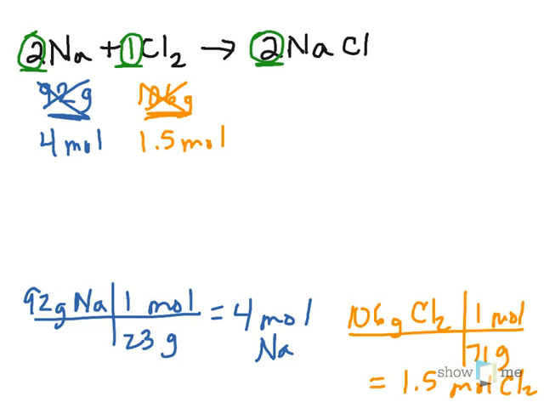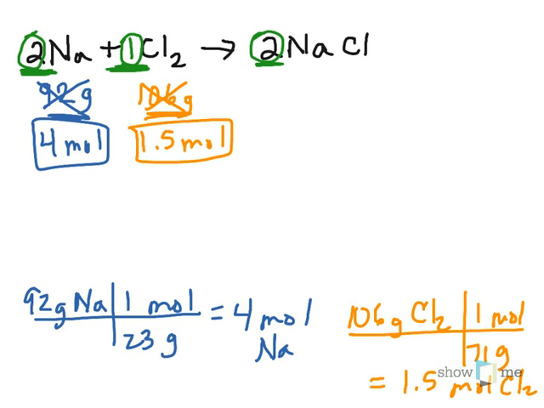Now it becomes a situation that I'm just going to have to look at and analyze. I might need to do it mathematically, or I might just be able to do this in my head. So I've got 4 moles of sodium present in the same container, wherever this reaction is happening. I've got 1.5 moles of chlorine. Now, according to my balanced equation, I need 2 moles of sodium for every 1 mole of chlorine.